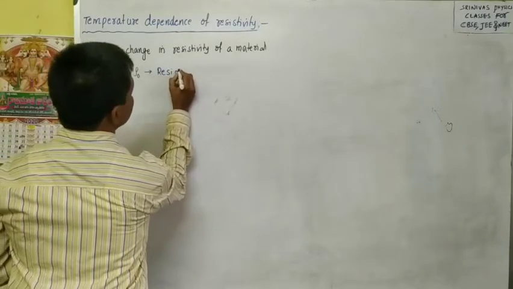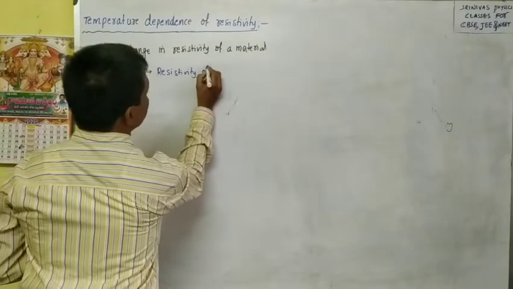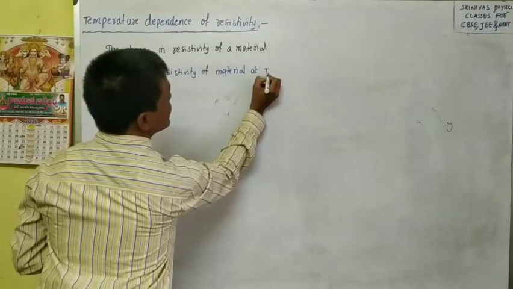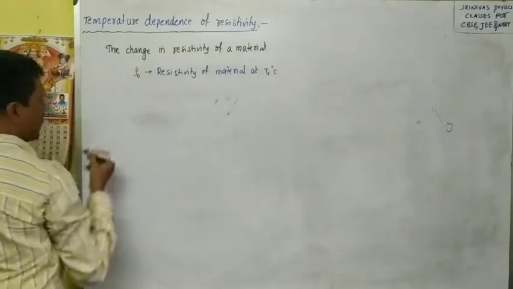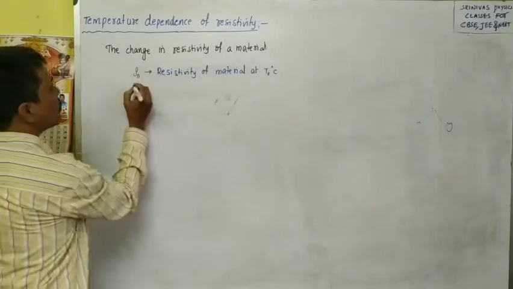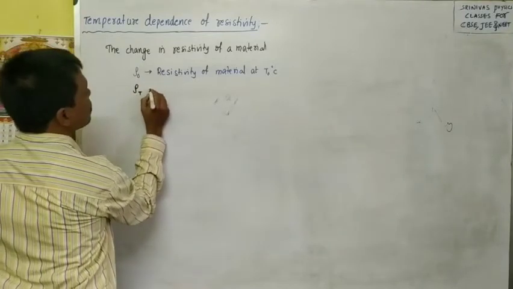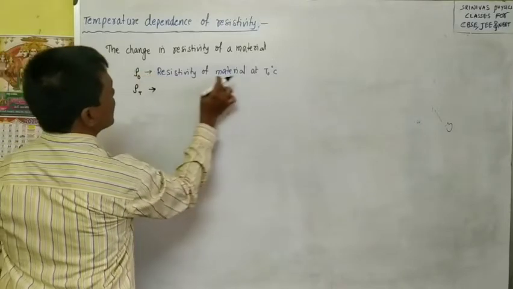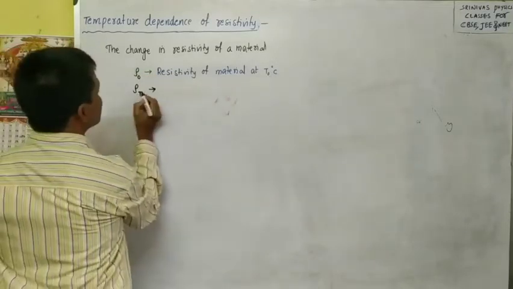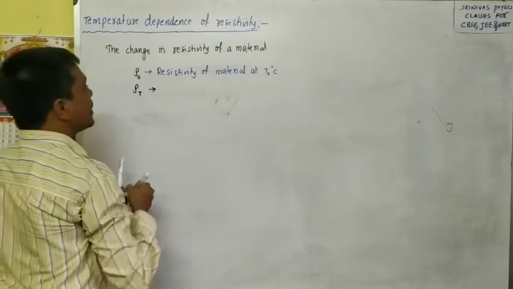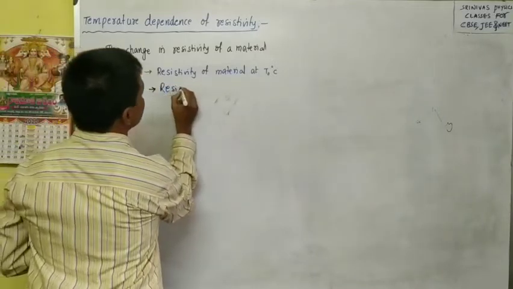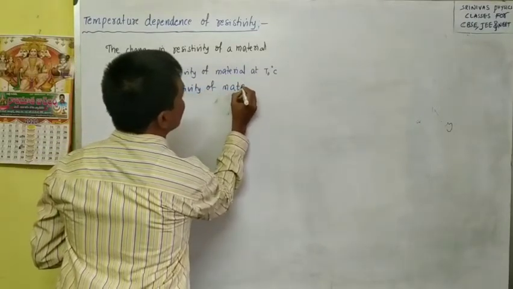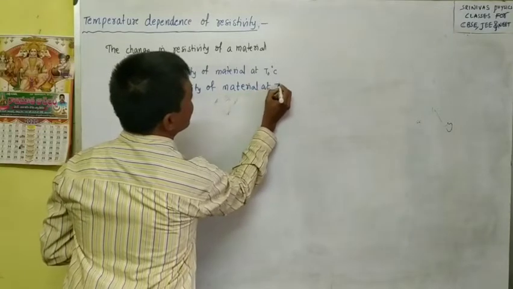Rho naught is the resistivity of the material at T naught degrees Celsius, and rho T, rho suffix T, is the resistivity of the material at T degrees Celsius.